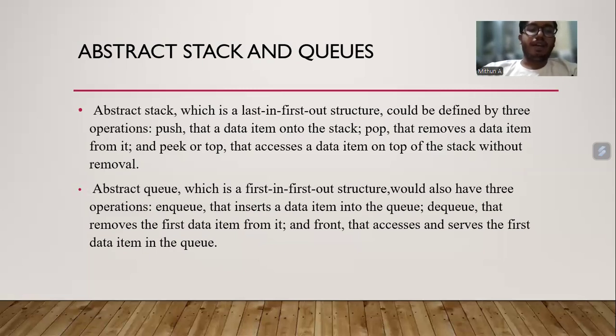So here, enqueue means insertion of a data item into the queue. When we talk about dequeue, it refers to the removal of the first data item from it. As we said, it is first in first out. And front accesses and serves the first data item in the queue.